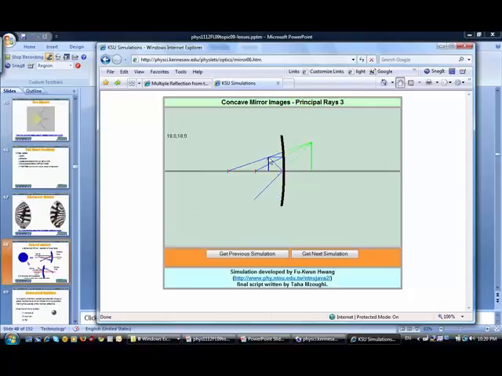Now here, how is it going to happen? Parallel is going to look like coming out here. Center, center, and then the one through the focal point, you just extend the line. All these, they look like they were coming from here. So what does this mean?